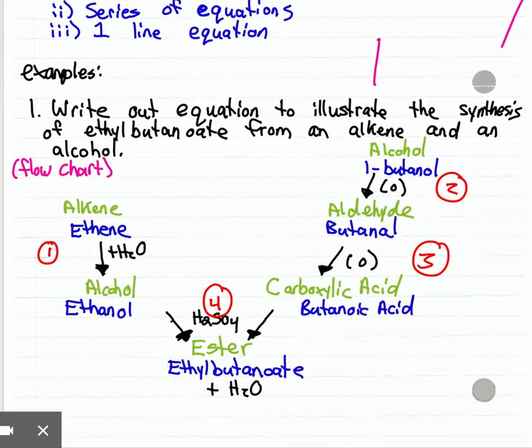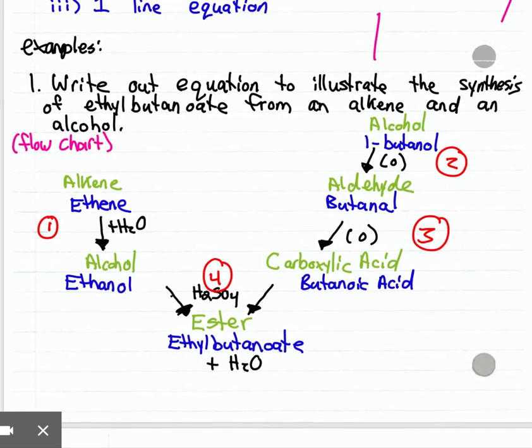And the question says, write out an equation to illustrate the synthesis of ethyl butanoate from an alkene and an alcohol. So what we know is that the end result of this is that we want ethyl butanoate, which we know is an ester. Okay, so that is what we want to finish with.